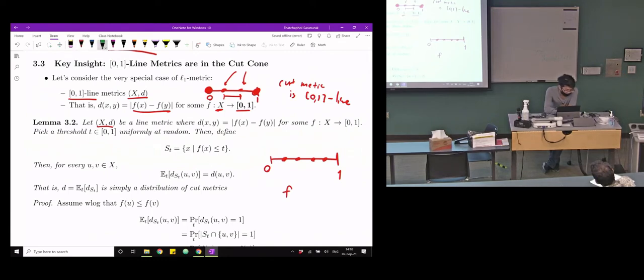Suppose that I choose a threshold t between 0 and 1, uniformly at random. And I define a cut S_t: all the points that are mapped before t. So this is S_t.